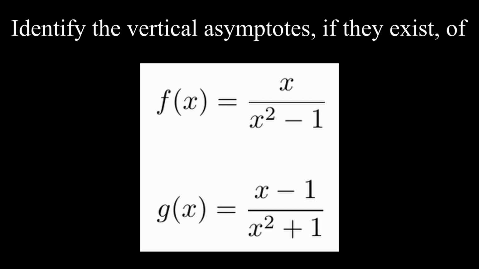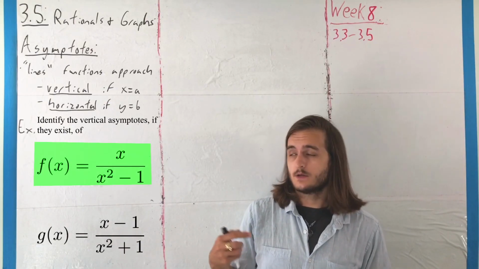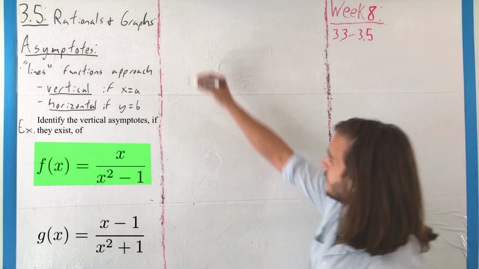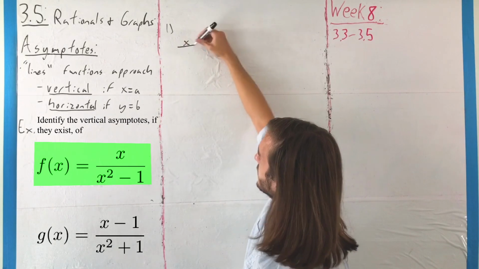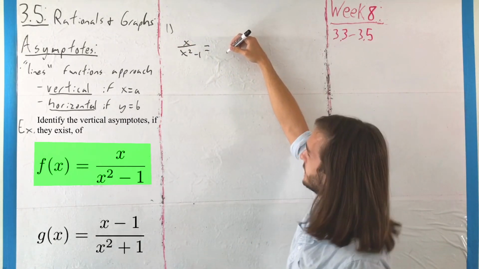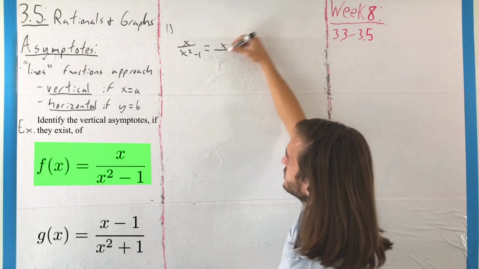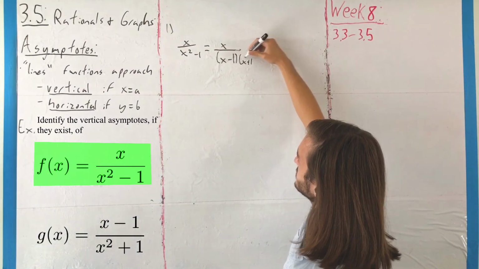So for this, we want to find the vertical asymptotes, should they exist, of x over x squared minus 1 and x minus 1 over x squared plus 2. In the first case, when we think about the denominator of x over x squared minus 1, we can factor it because it's a difference of squares into x minus 1 times x plus 1.